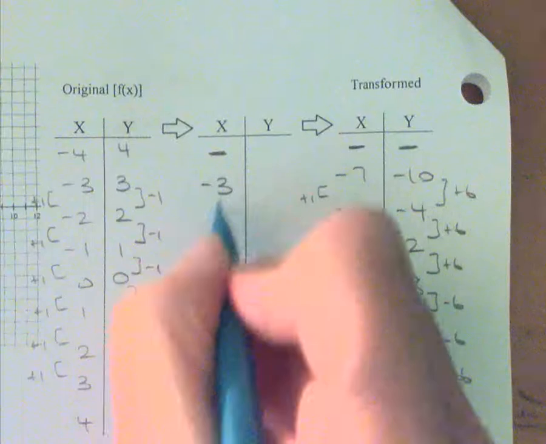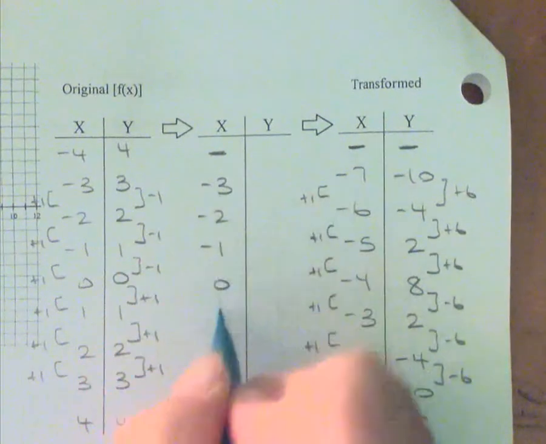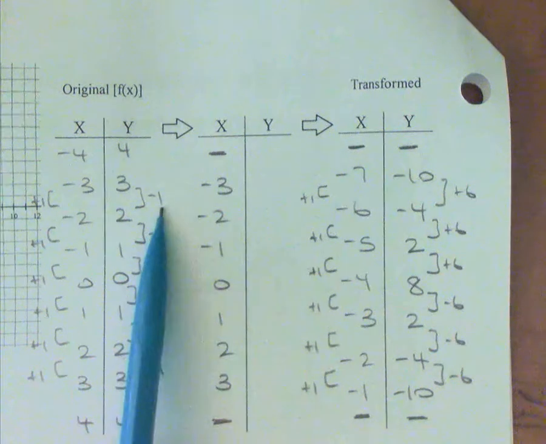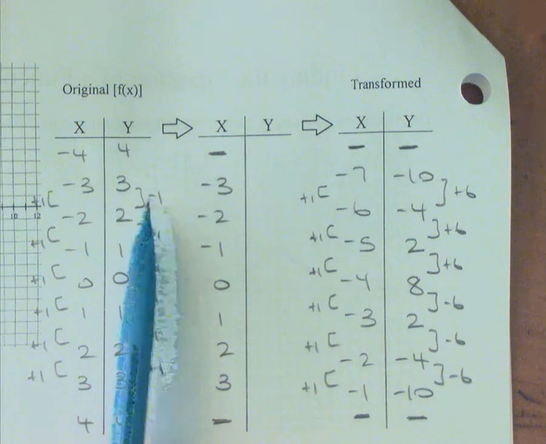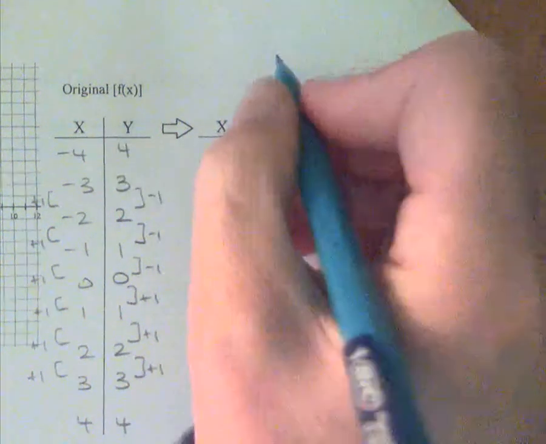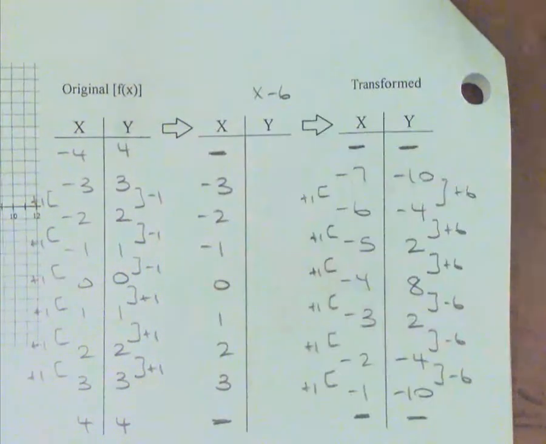So we have -3, -2, -1, 0, 1, 2, 3, and I'm not worried about that one. I have -1 to +6, and +1 to -6. So what happened is I multiplied by -6. So I'm going to do that.